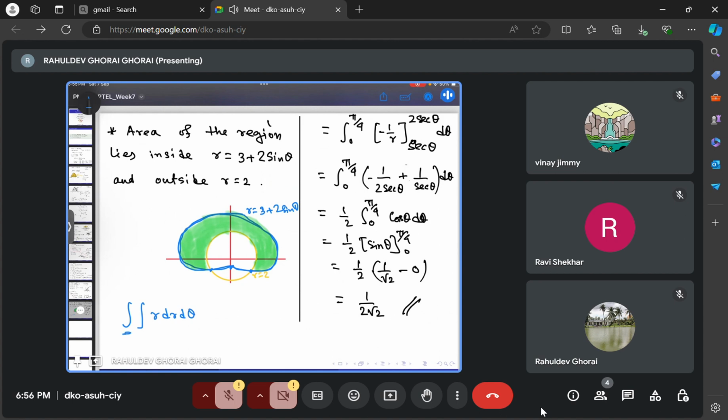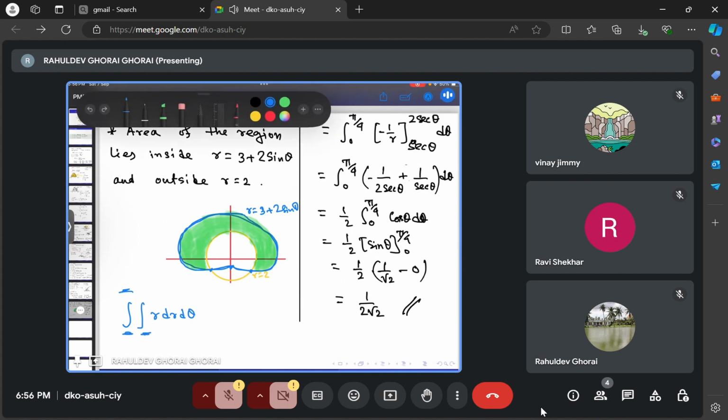But what will be the limiting values from here to here and here to here? We know r is varying from r equal to 2 to 3 plus 2 sine theta. But what will be the value of theta? That's the only thing now needed.